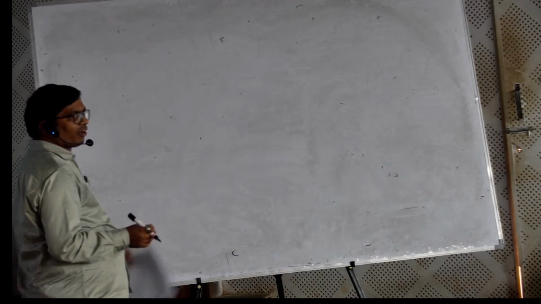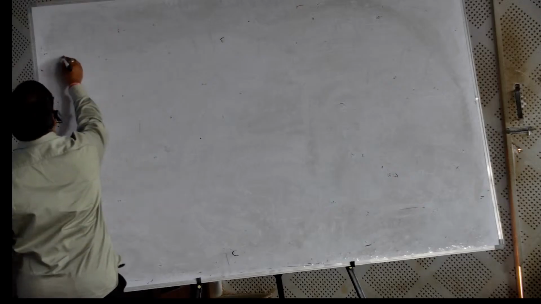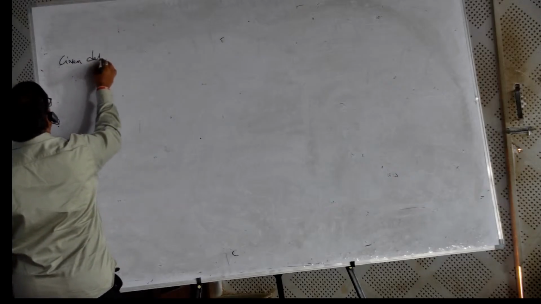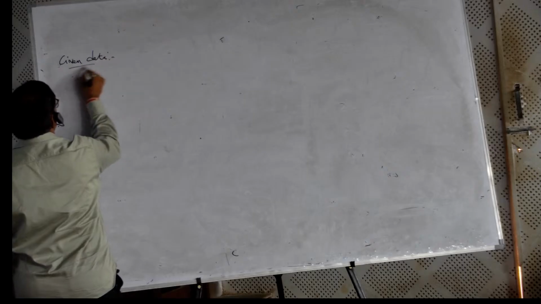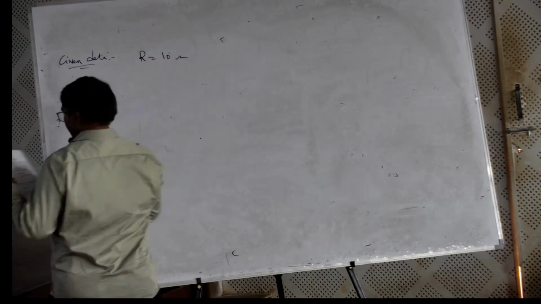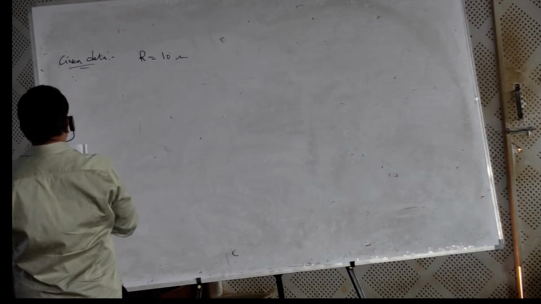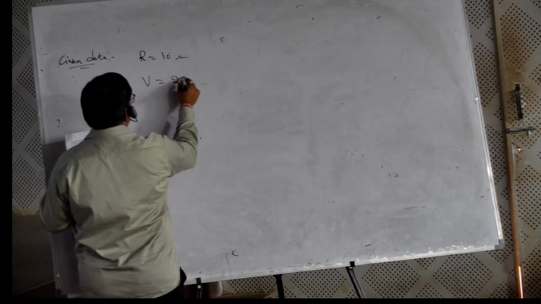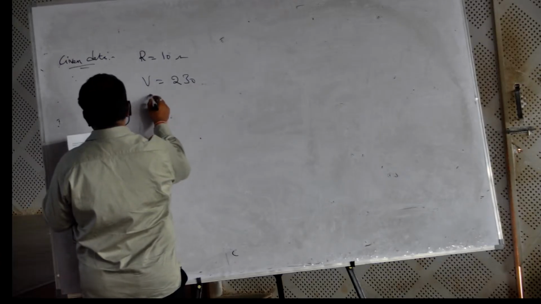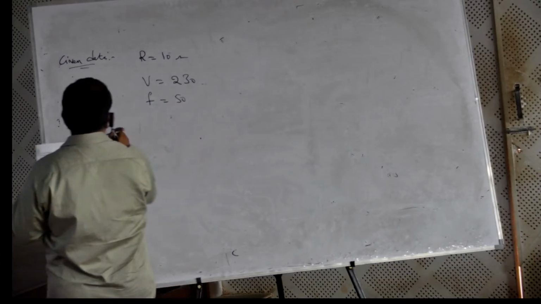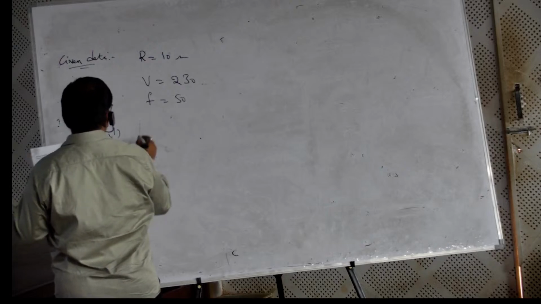So here the question is an AC circuit consisting of pure resistance. So write down the given data. R is equal to 10 ohm, connected across a supply of V is equal to 230, frequency 50. First one, what we have to find out?